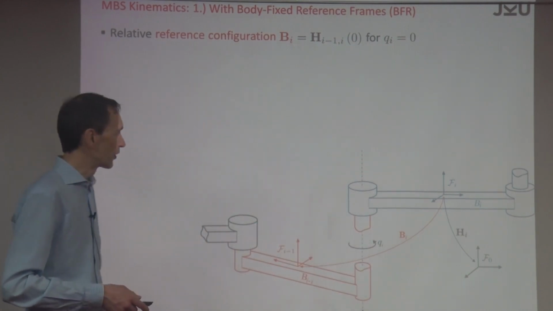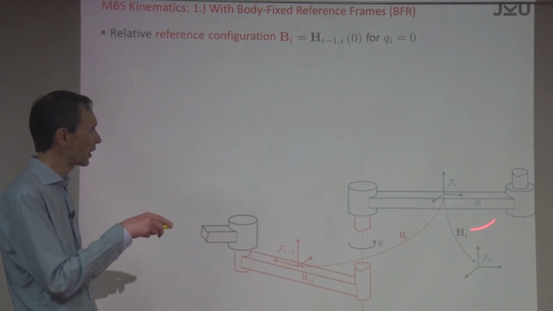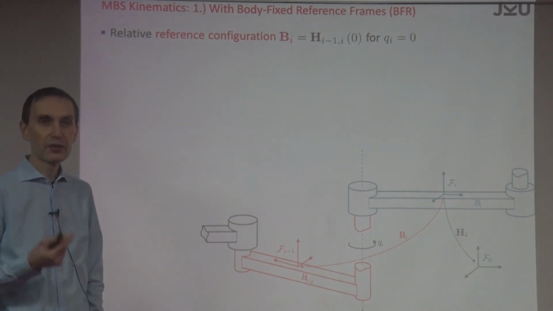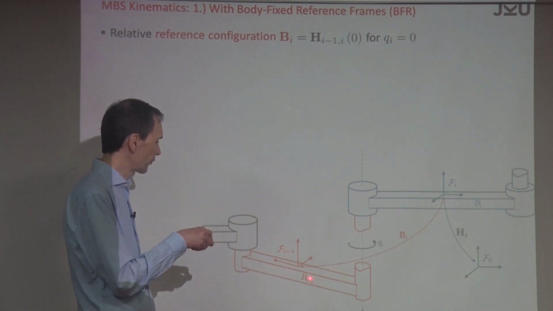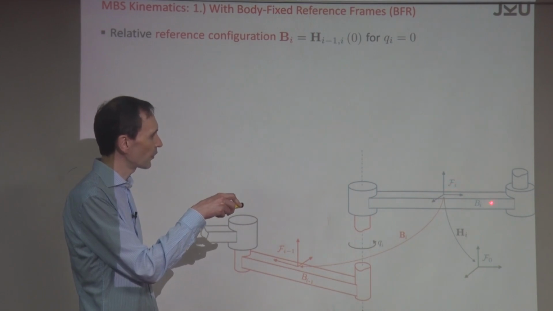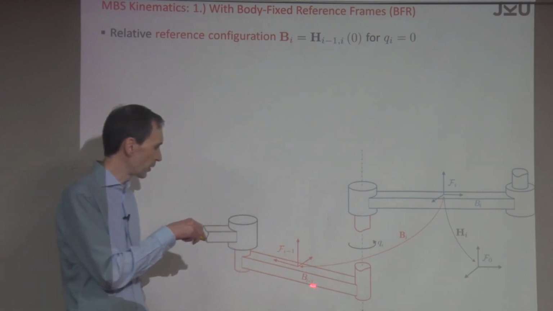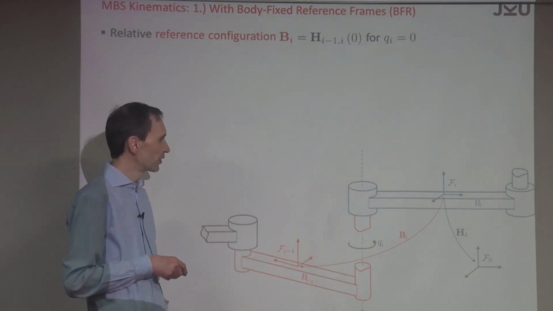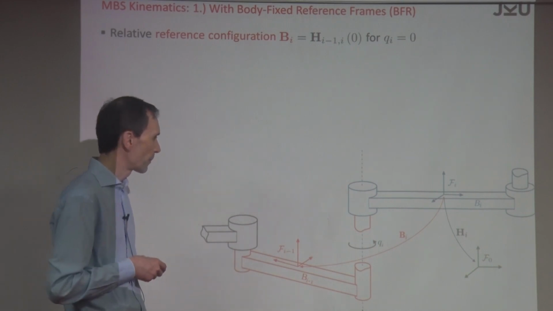Anyway, so what can we do? As we said, any link, any rigid body is kinematically represented by a frame. So we are touching a frame. So Fi is actually representing the body i, and of course you have the same on the body i minus 1. This is the blue one, this is the red one. So this is the predecessor of Fi.